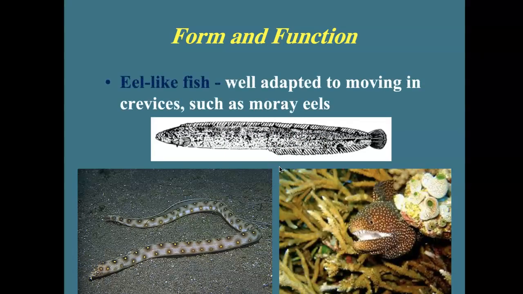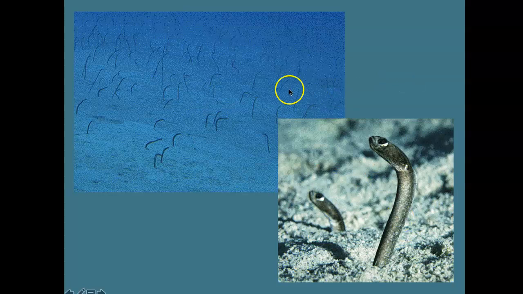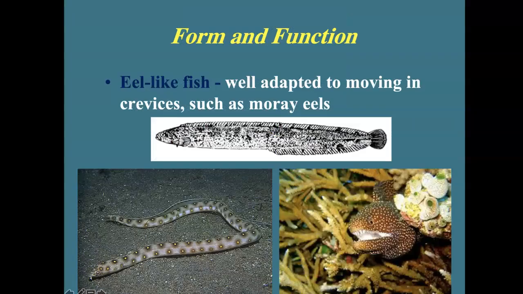Again, another form fits function is this eel-like body form, which is well adapted to moving in crevices, such as you're going to see in your moray eels here. So you've got some moray eels here. Here's some conger eels, just as a reminder of some of the differences. You've got your moray eel here.